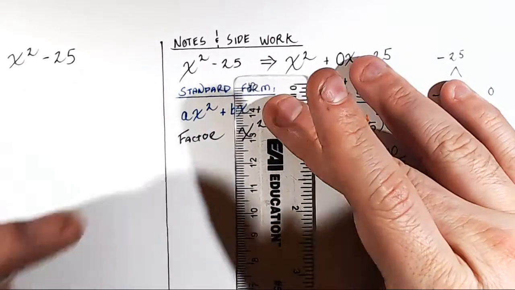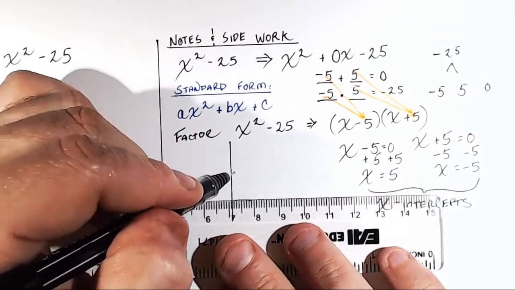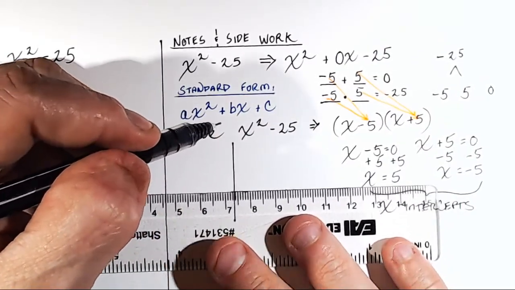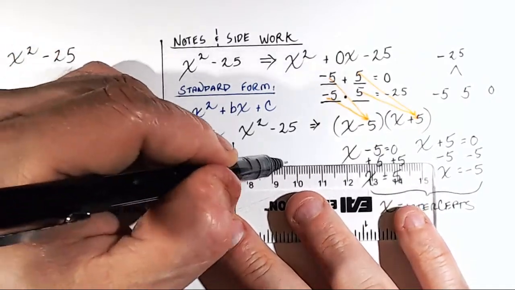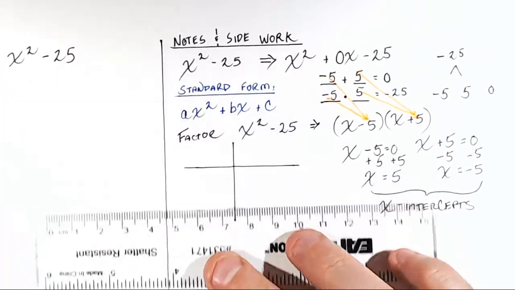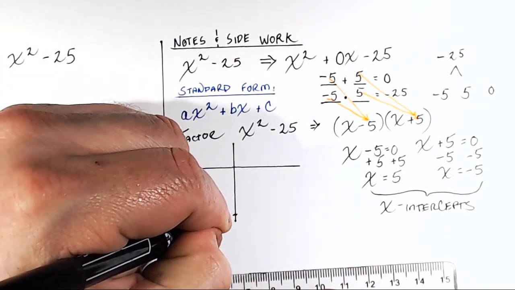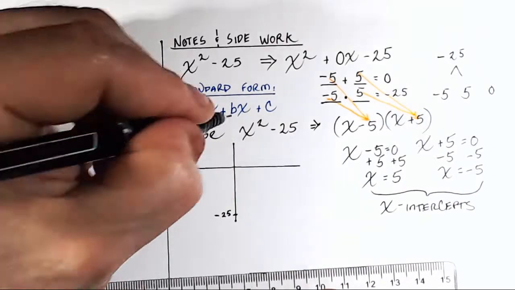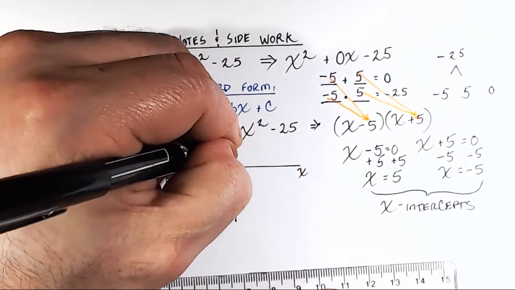If I were to sketch a graph of this quadratic function, I would have to draw it like this. Way down here would be minus 25, and this would be the y-axis, and this would be the x-axis.